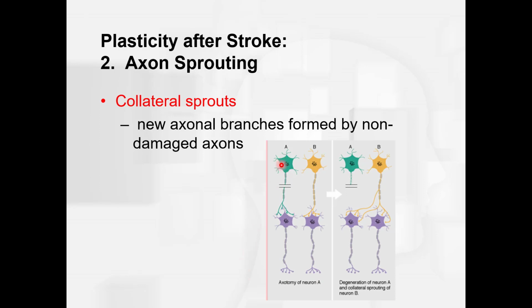Here you have two cells innervating two adjacent areas. This axon is damaged, so it degenerates and goes away. With axon sprouting, this surviving axon has collateral sprouts that then innervate the adjacent area. It was just innervating this neuron, and now it's innervating both neurons.